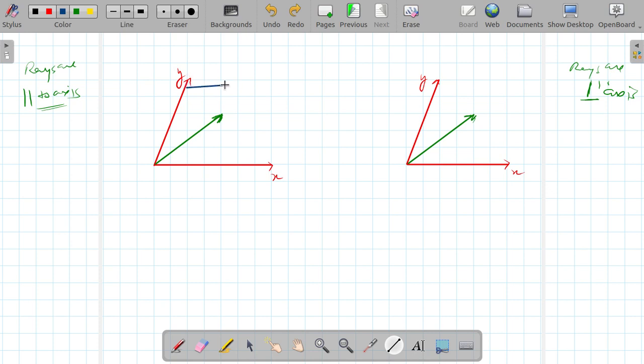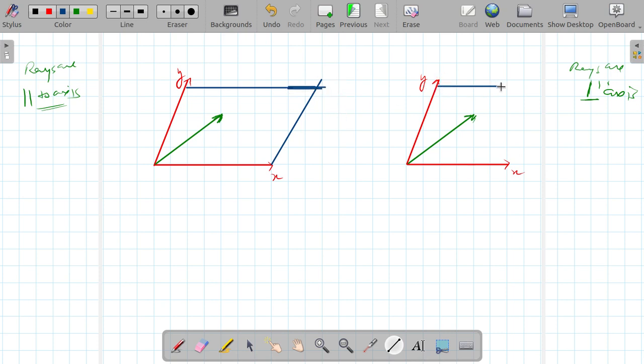Say this blue line represents the extended source of light. As I said, this is the extended source. This blue colored line represents the extended source of light.